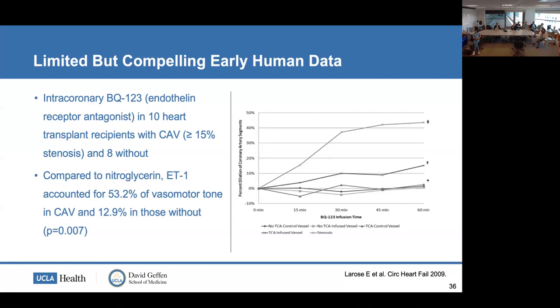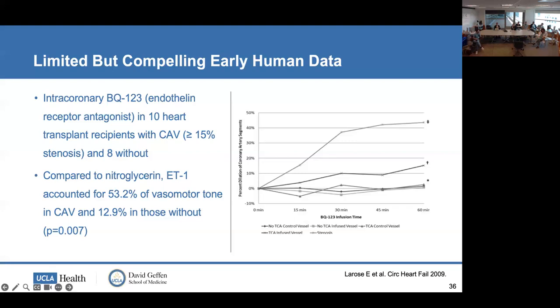This is a paper that came out of Peter Ganz's group at UCSF about 15 years ago. They took 18 heart transplant patients, 10 with CAV, which they defined as above a 15% stenosis. They took them to the cath lab, and they gave an intracoronary infusion of an endothelin receptor antagonist, an IV one; this compound is no longer available.